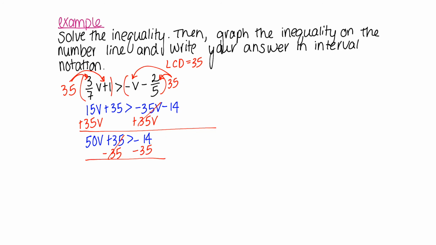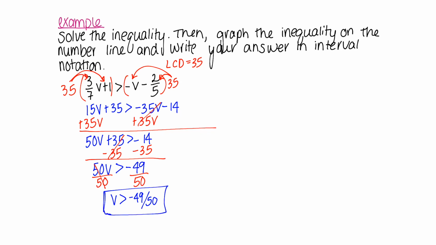The 35s will cancel. 50v is greater than negative 49. To get the v by itself, divide both sides by 50. That's the coefficient on the v. Now we have v is greater than negative 49 over 50.